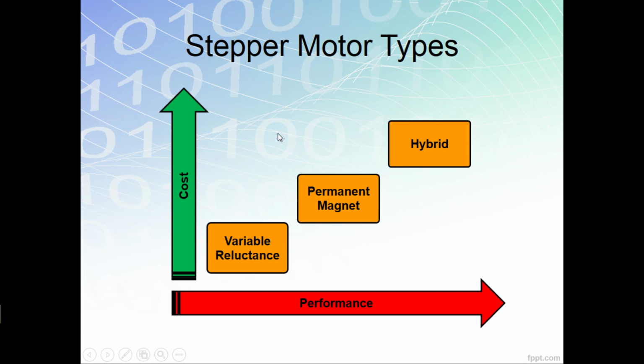And the hybrid stepper motor has the best performance because it has a lower step size, but it is the most expensive among the three types. Do you have any questions before I continue?